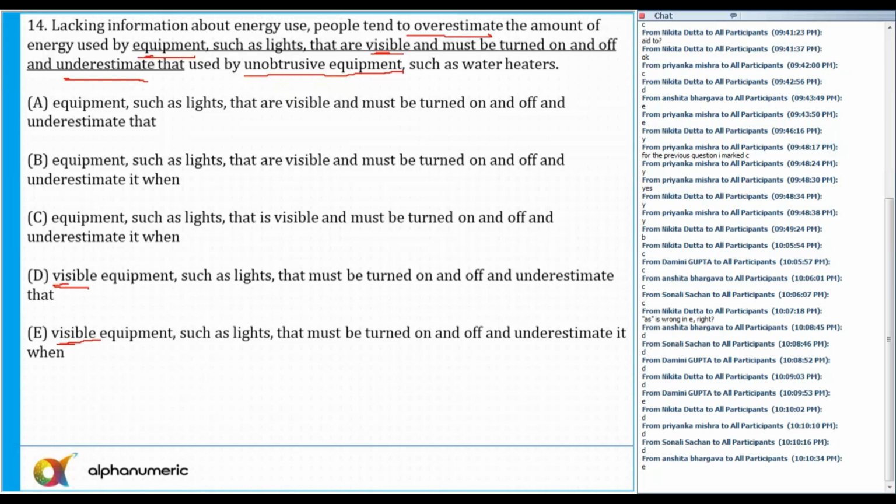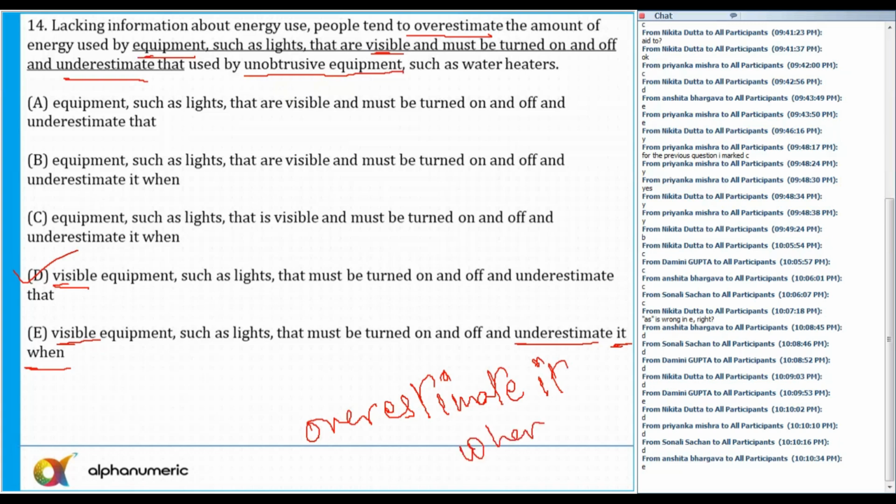Okay. I think D is the answer. D, not E. E is not right. Please see this: if we underestimate it, then with overestimate also I should use overestimate it.